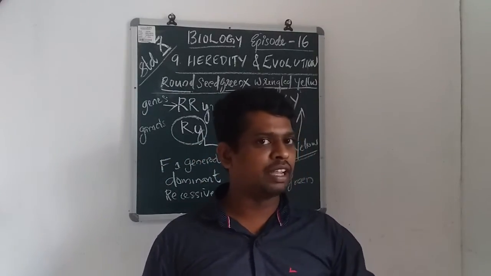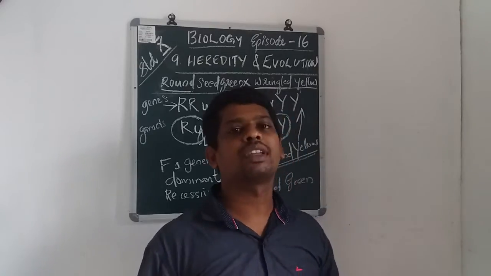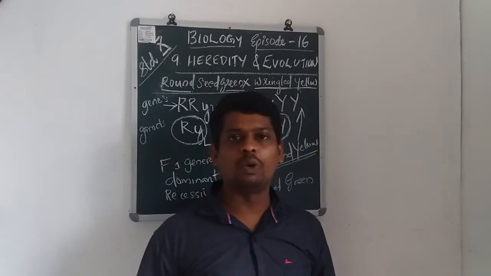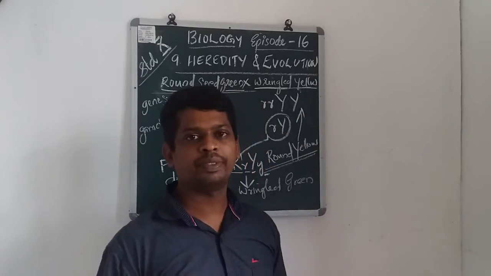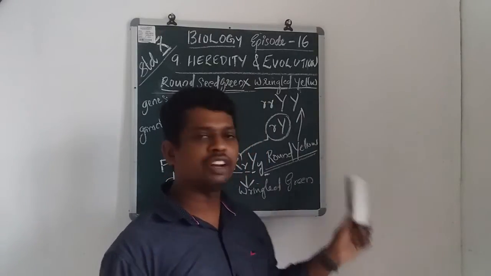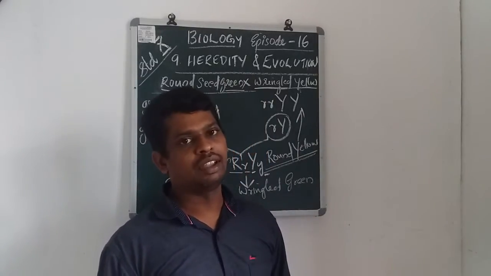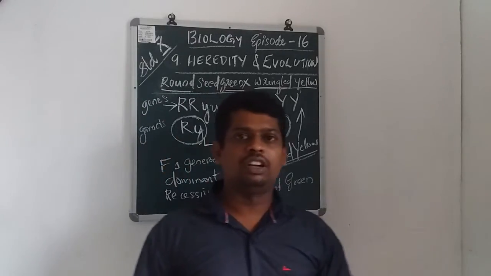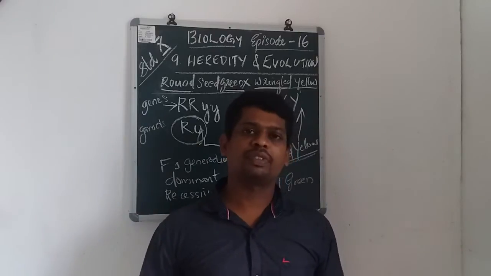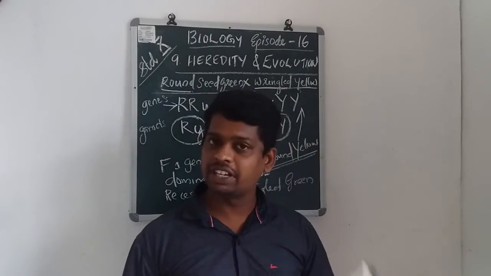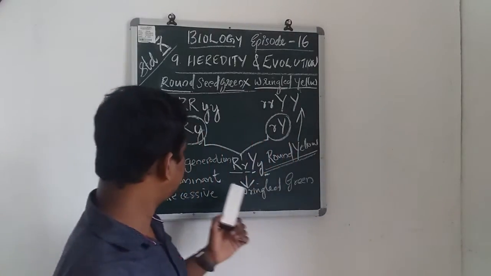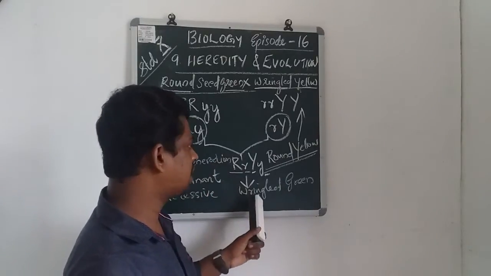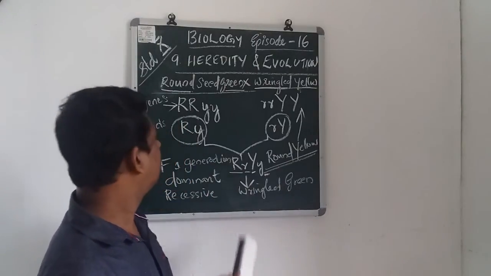This is one point of that law: there is no fusion with any other. All the gametes still stand in separate form. So that is independent. Look at this, this is the F1 generation. Have you noticed it?